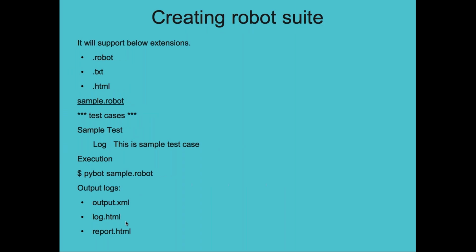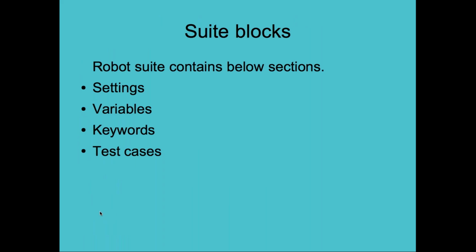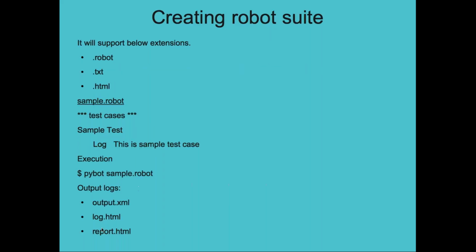The log.html is an HTML formatted log where we can see the output, and in the test cases, the steps we mentioned will show in detail, which is easily understandable to the user.